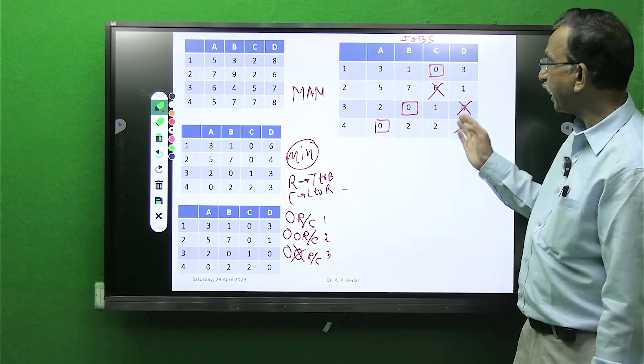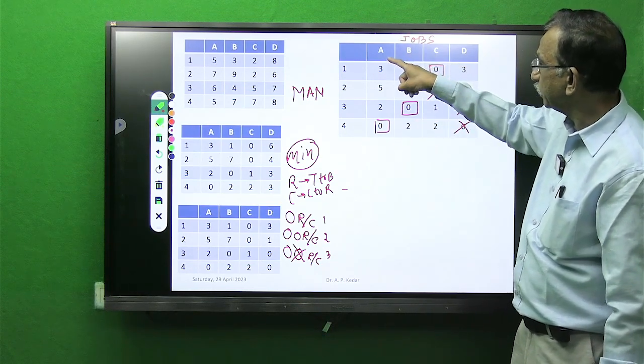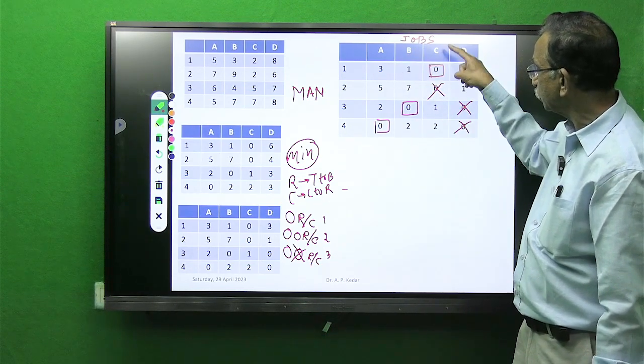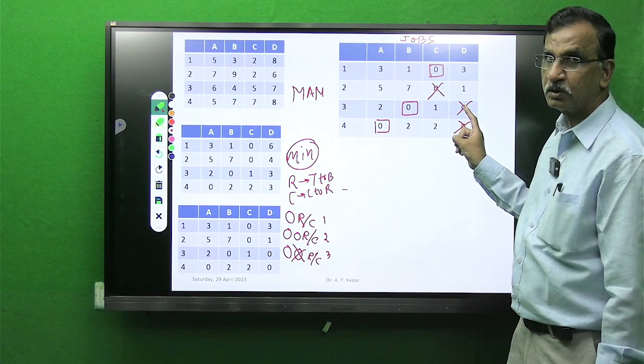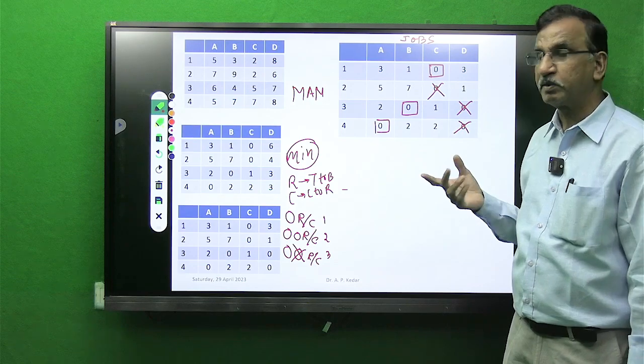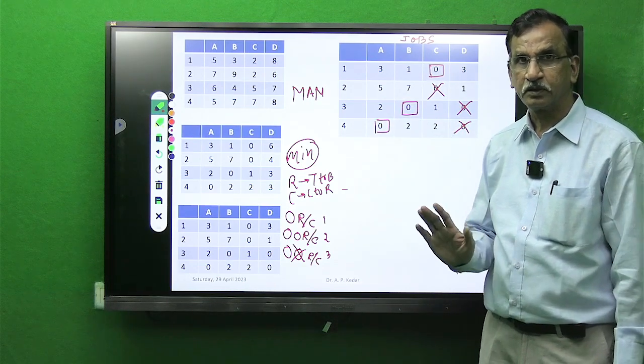Now suppose I arbitrarily draw the number of lines covering all zeros, like 1, 2, 3, 4. So 4 lines, and you can say that the solution is optimal because the size of the matrix is 4. Not done.